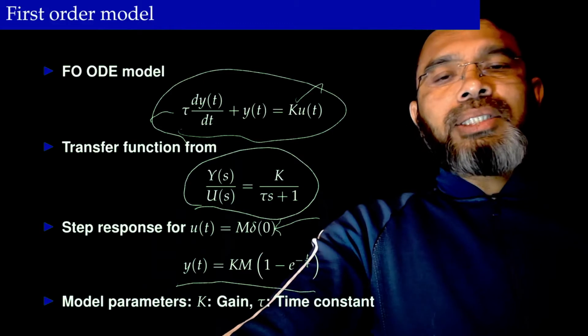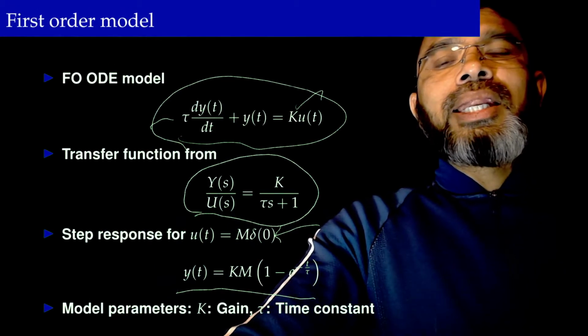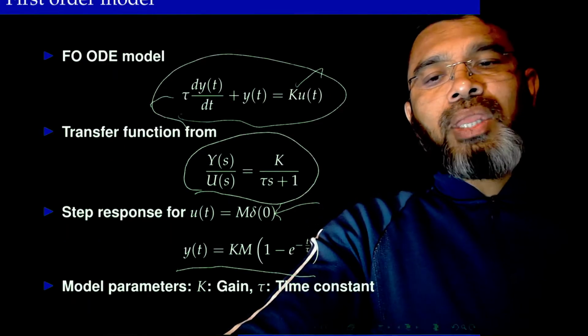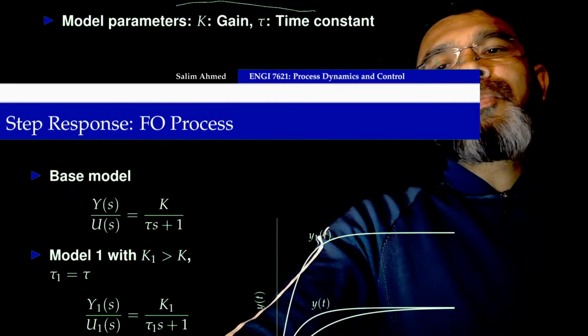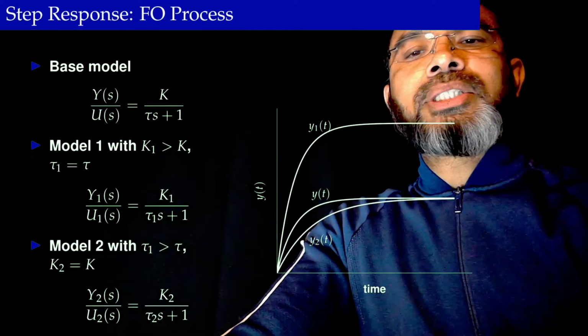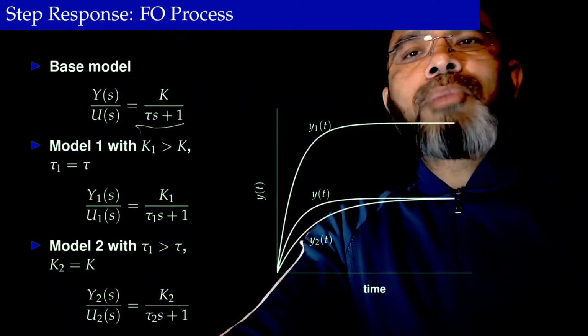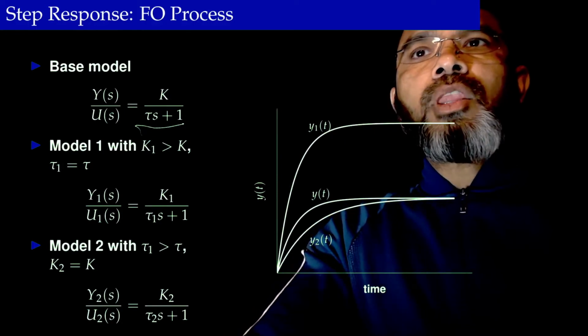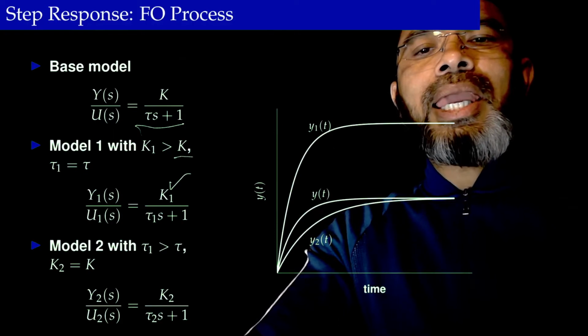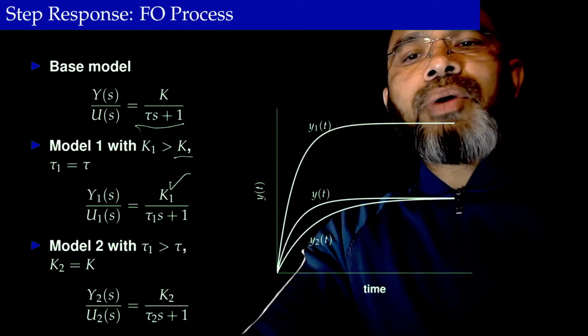Now we looked at the responses for different values of k and tau. Let's compare three responses here. One, what we call the base model, k over tau s plus 1, and we took two other models. For the first, k1 is greater than k and tau1 is equal to tau.